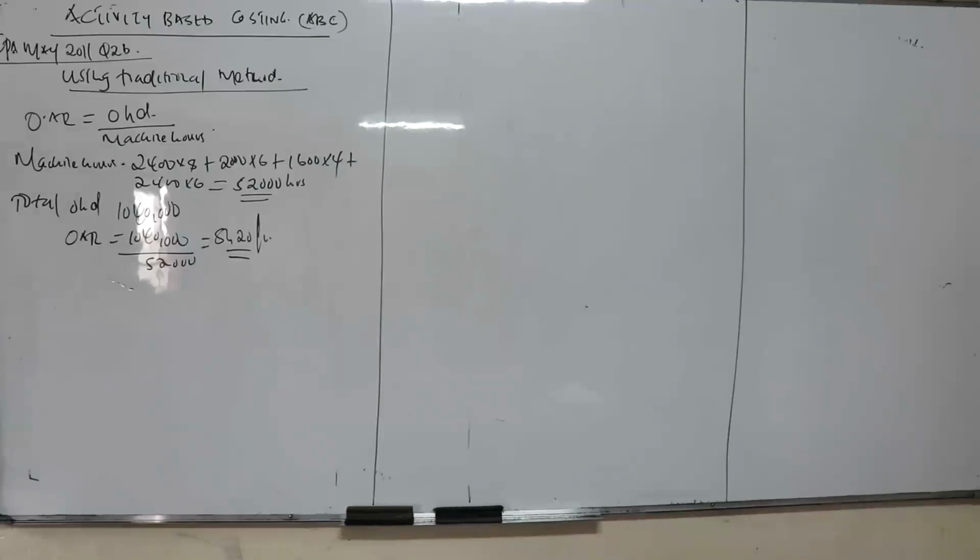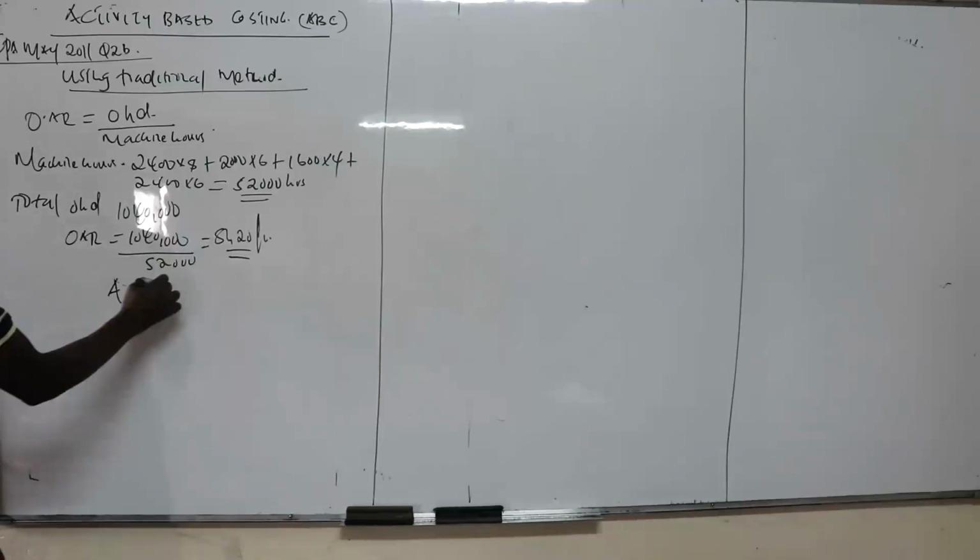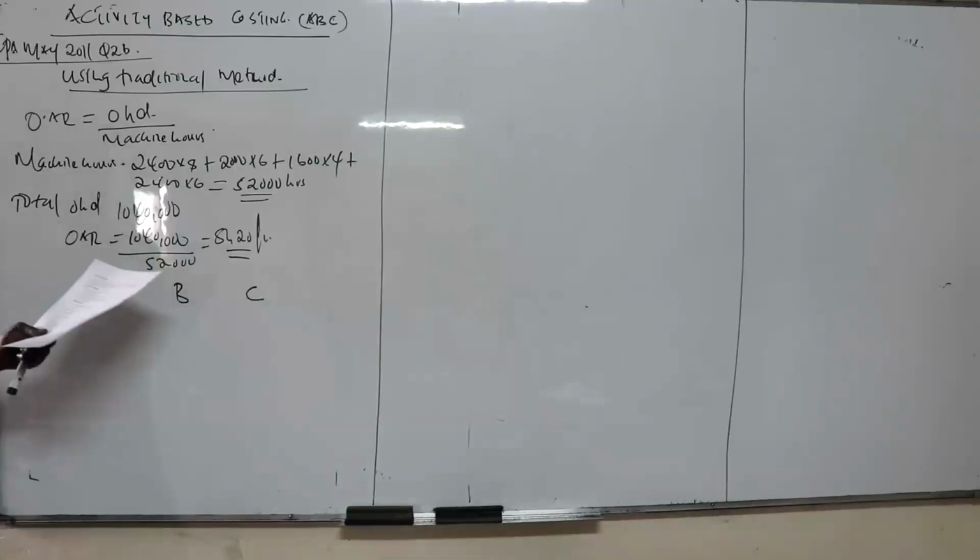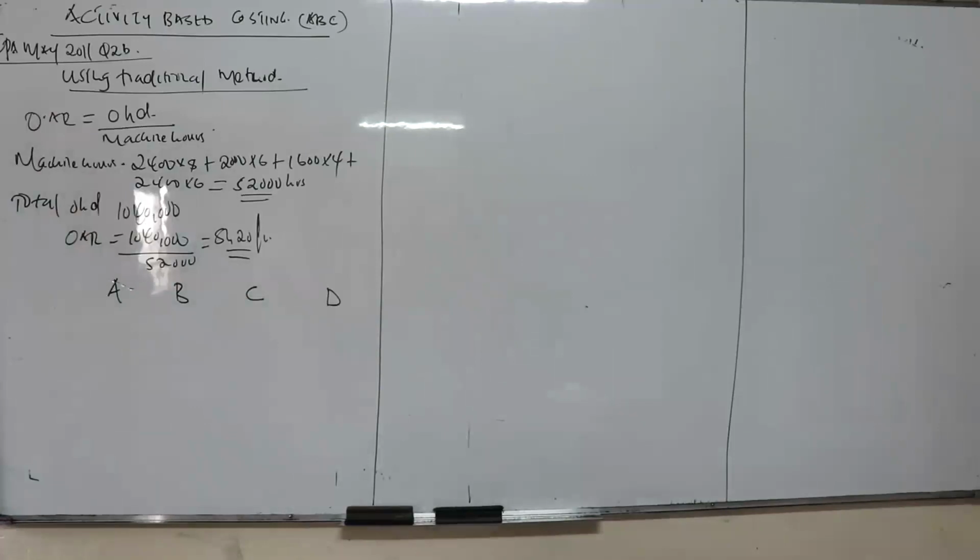So we have product A, product B, C, and D. We want the total cost of production. We have material cost here. The table there gives us the cost per unit of material for products A, B, and C. For product A, on that table, can you see? There is a table they have given here.